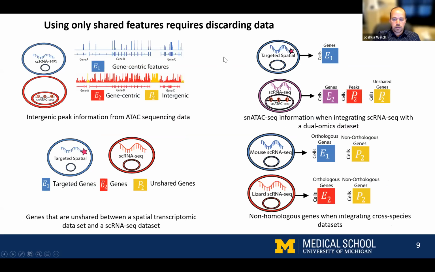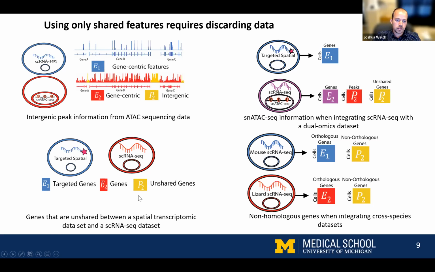And just to restate the problem in a different way, using only shared features and treating the data sets like we're doing horizontal integration has the disadvantage that it often requires discarding important data. So for example, if we're going to integrate gene expression and chromatin accessibility data from single cells using Liger or Seurat, we have to throw out intergenic features that are not linked to a particular gene from the ATAC-seq data, even though these features can often be very important for distinguishing the chromatin accessibility landscape of different cell types.